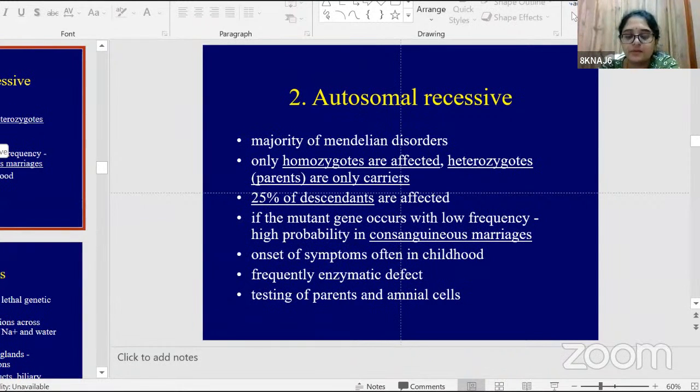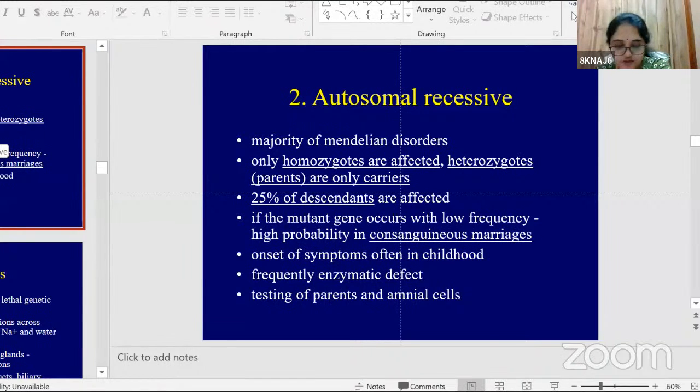Similarly with the mother, that gives rise to 50% carrier children, 25%, or one child or progeny, affected, and one completely normal child or progeny. So only 25% of the descendants are affected.